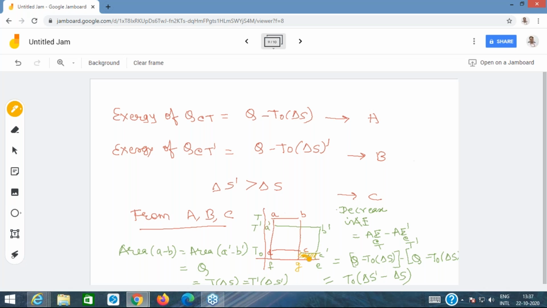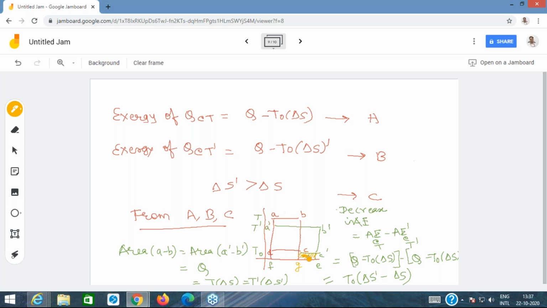Is this clear that this hatched portion is the representation of increase in unavailable energy because of irreversible heat transfer, or the decrease in available energy? So please note that whatever is the decrease in available energy would be equal to increase in unavailable energy.